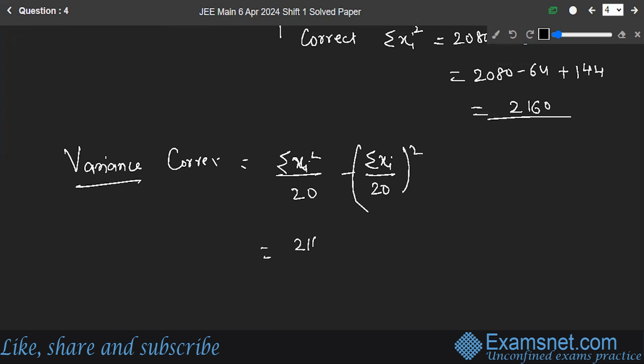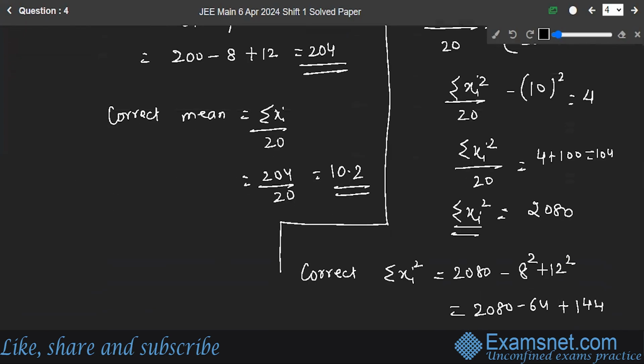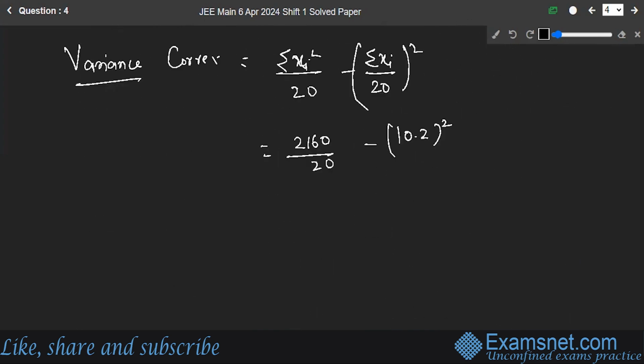This is equal to 2160 upon 20, and the correct mean was equal to this. So this gives me 108 minus 104.04, which will give you 3.96. This is your variance.